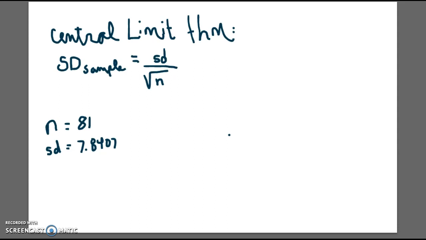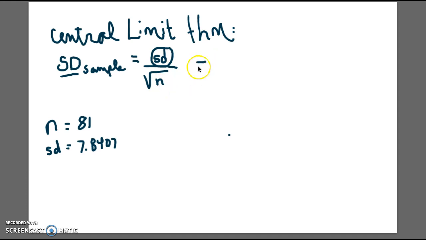Okay, so in order to complete this problem, you just need to use the central limit theorem. The central limit theorem talks about when you have a sample, you need to find the standard deviation of your sample. And when you do that, you take your standard deviation from the original problem and you divide it by the square root of the number in your sample.